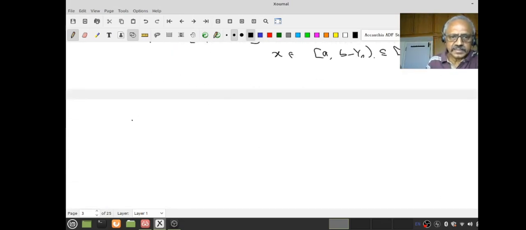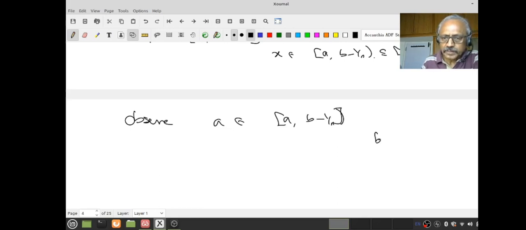Now, the next thing is to observe that A belongs to each of the [A, B minus 1 by n]. Now, it may happen that B minus 1 by n may be strictly less than A, if n is very small. If I take 1 by n, it may be less than A.